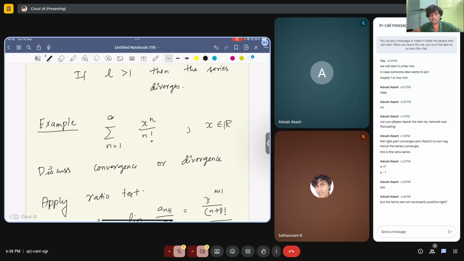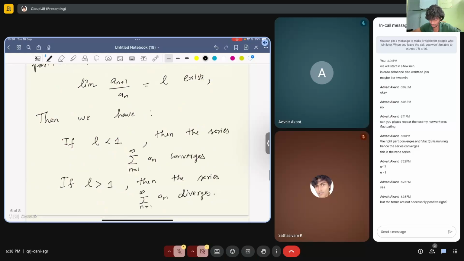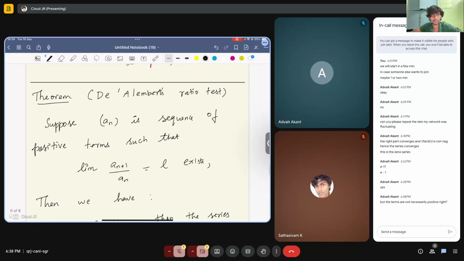Yes, that is true. The terms are not necessarily positive. Let me just go and check here. Here I'm writing for positive terms.